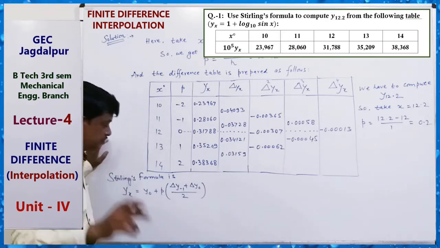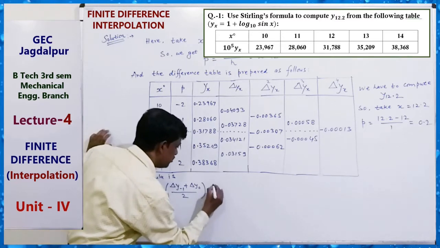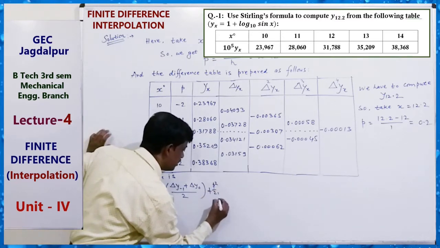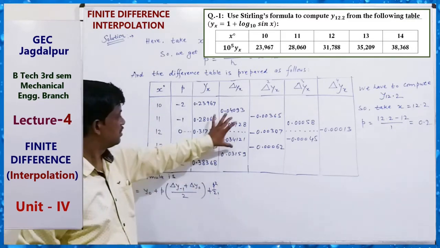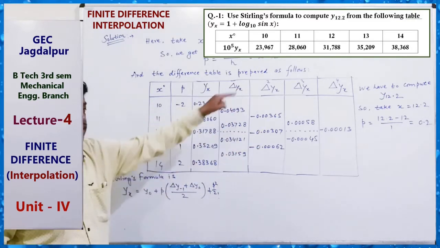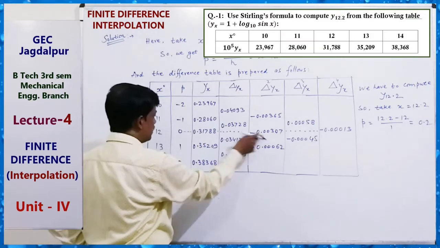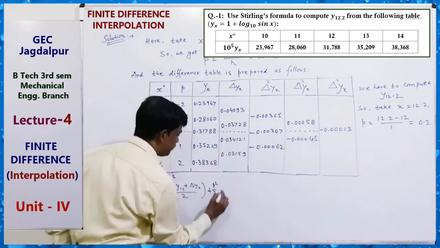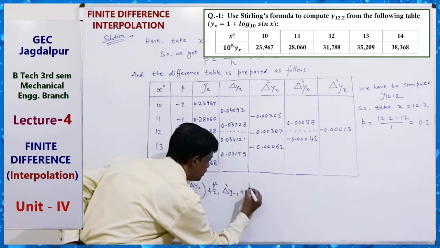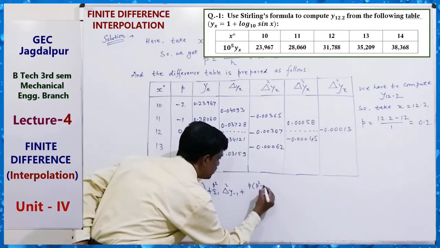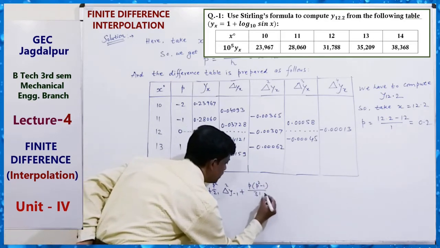Then p square by 2 factorial, without average, this second order difference del square y minus 1, plus (p square minus 1) by 3 factorial.